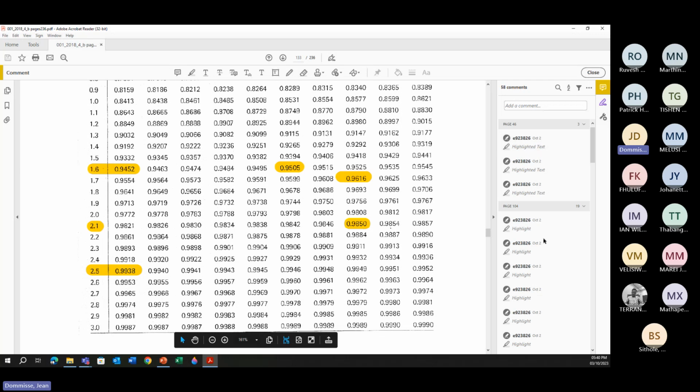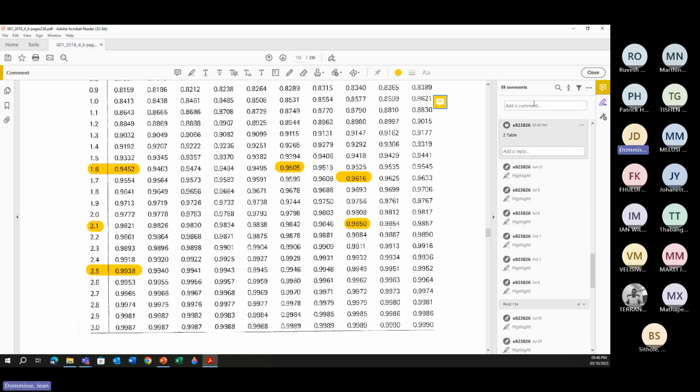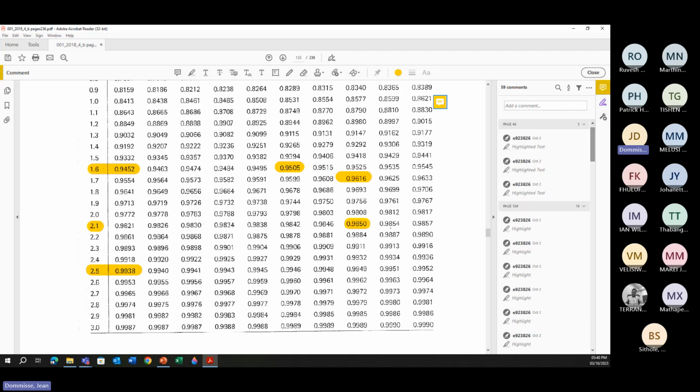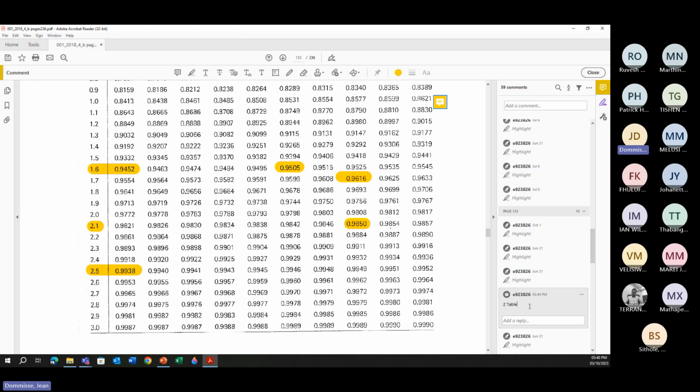a comment. So you can see I've made lots of comments and highlights. But don't make 58 comments, because then again, it's going to be very difficult. But if you add text and say, well, this is the Z table, so that when you're in the exam, you look, okay, there's my Z table.